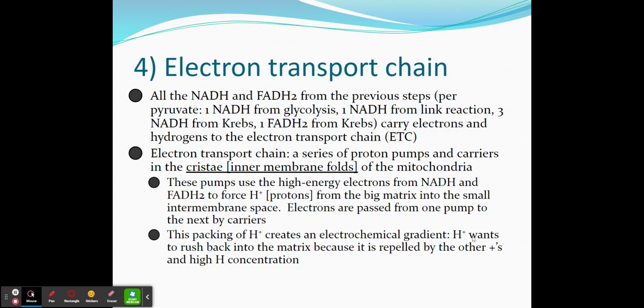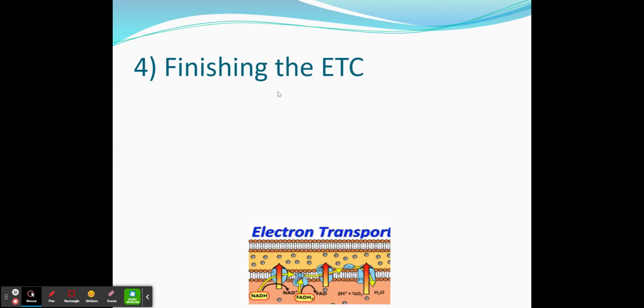There's a chemical gradient because this is kind of a chemical. This is an ion, so they want to go from high to low, right? They want to rush back into the matrix because of an electrical reason. They want to get away from their positive neighbors, and a chemical reason. They want to spread out and not be so highly concentrated.